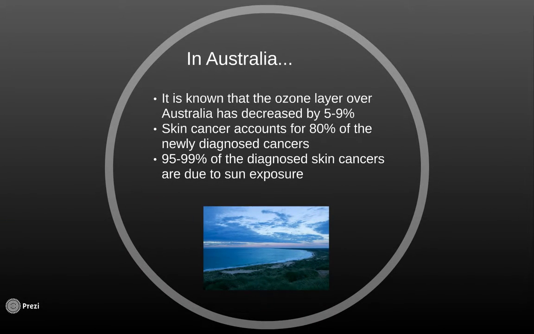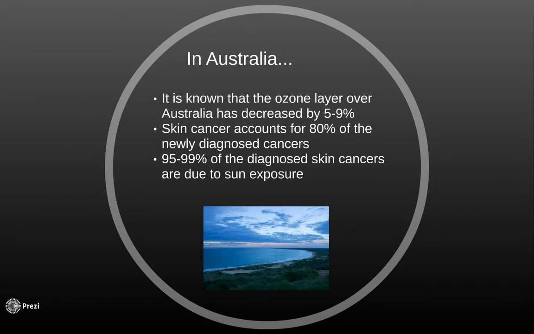The facts. It is known that in Australia, the ozone layer over it has decreased by 5 to 9%. Skin cancer accounts for 80% of newly diagnosed cancers in Australia.